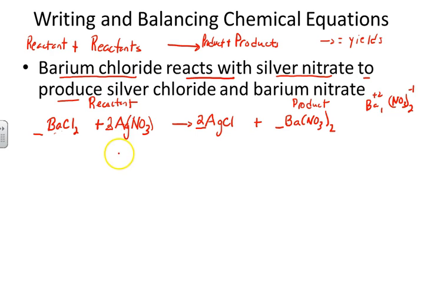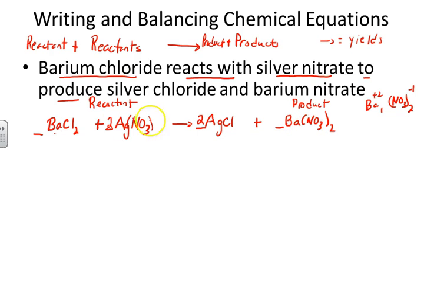That 2 Ag, that 2 silvers, also affects the nitrogen and oxygen. I have nitrate in the reactants and I have nitrate in the products. When you have the polyatomic ion on both sides, it's easier to just say I have 2 nitrates and I have 2 nitrates over here.